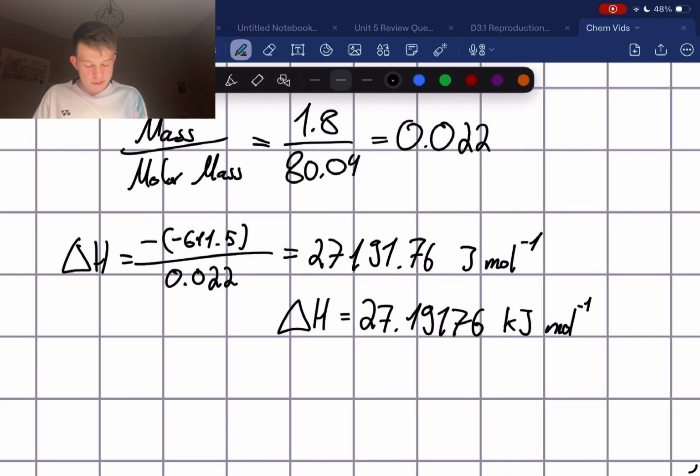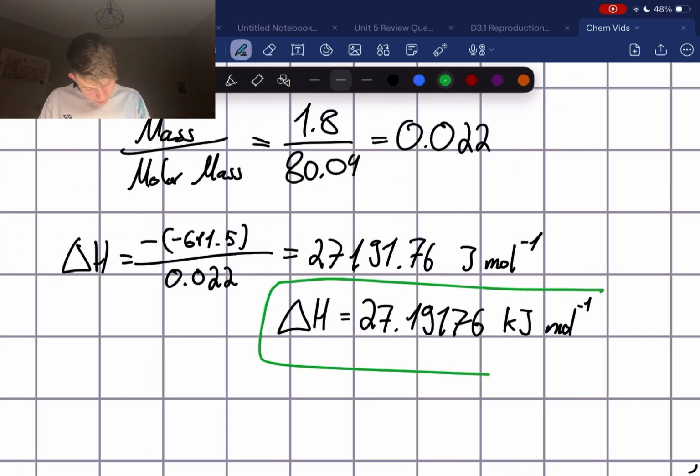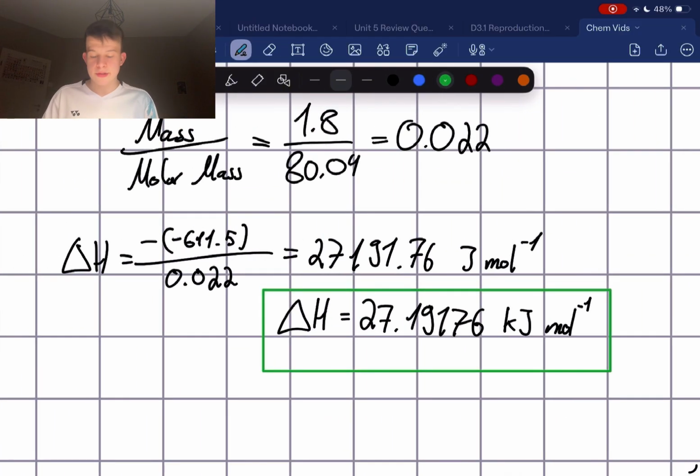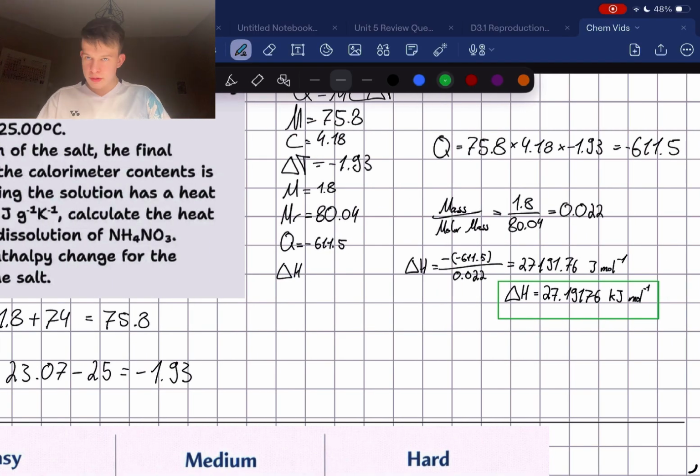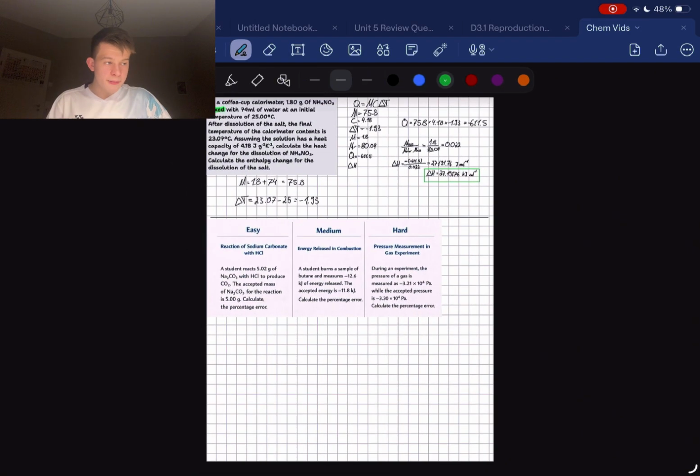Okay, and that right there is the answer. So now we have shown that we understand how to calculate delta H, and how to calculate Q, which is Q equals MC delta T, and delta H equals negative Q over moles. Okay, so now let's go to the percentage error.